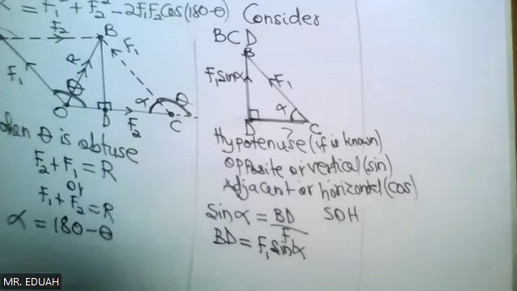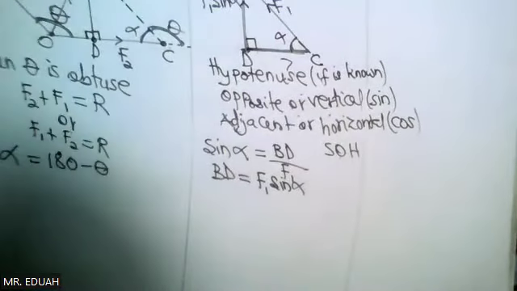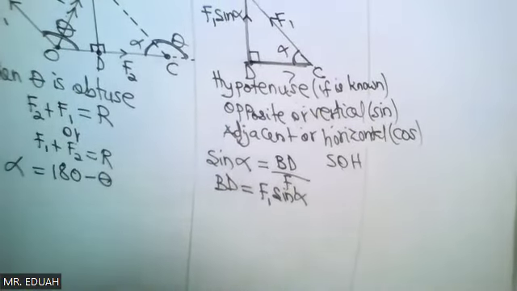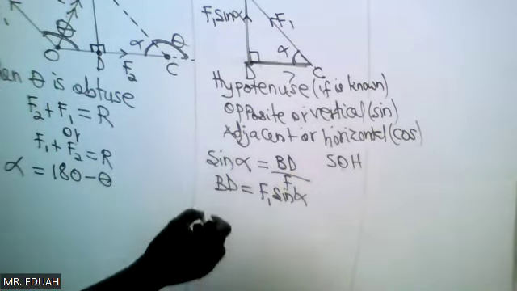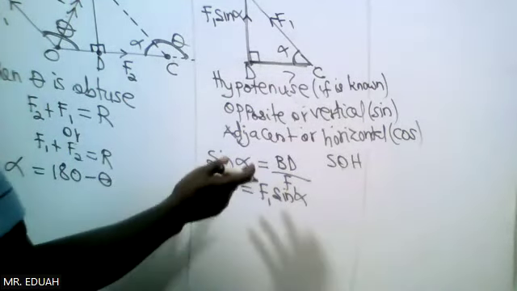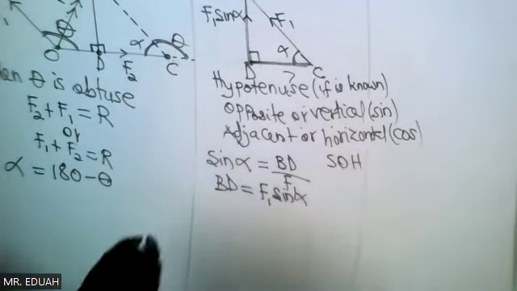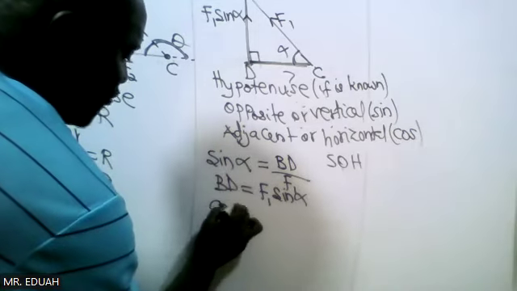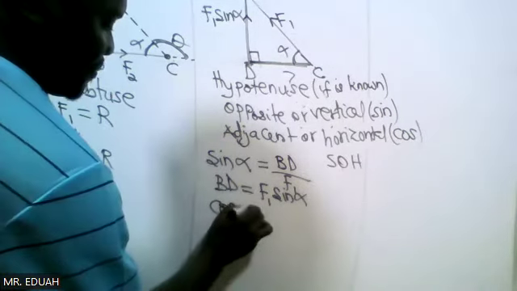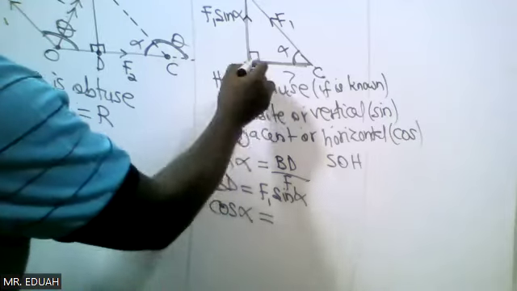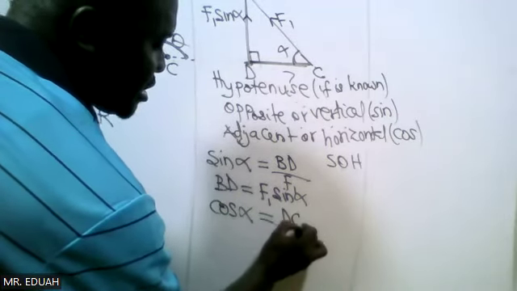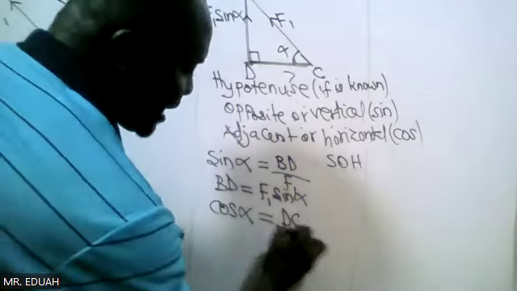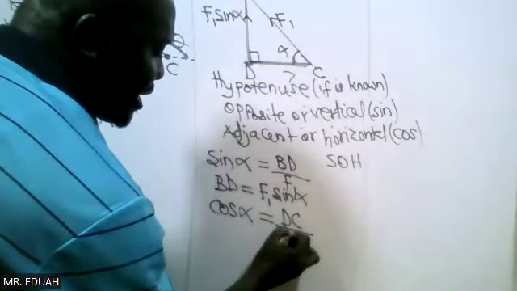What I'm left to determine is DC. DC is the adjacent. I need to use cosine, cos. So if I take cos of the angle alpha, I have cos is adjacent DC over the hypotenuse, which is F1.